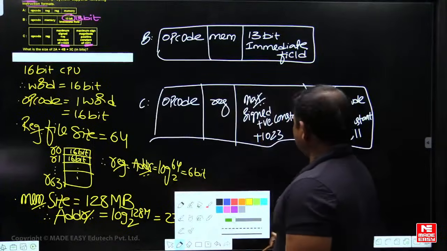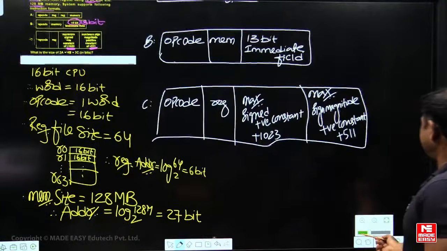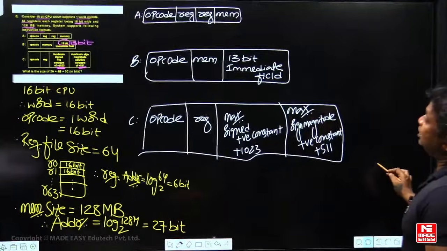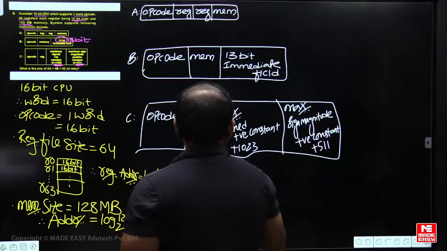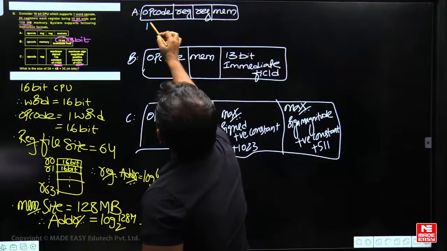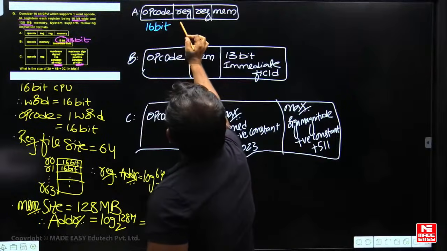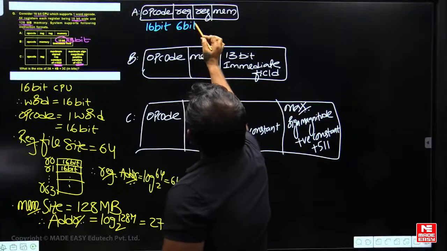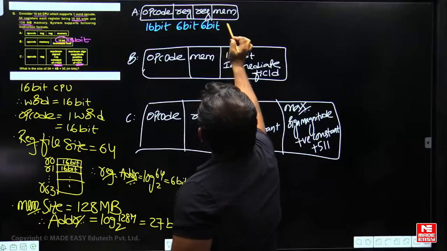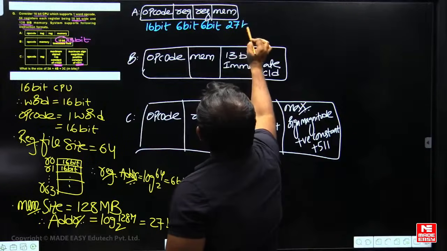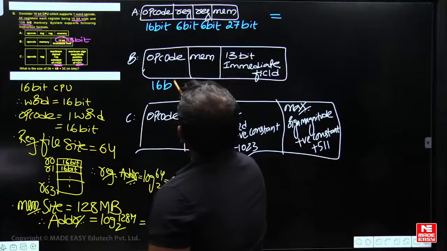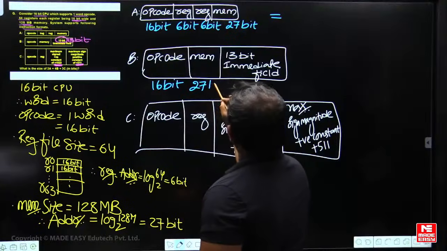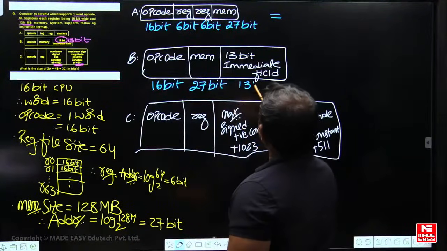Then substitute that information here. Report the value. So opcode size is 16, register address is 6 bits, then memory is 27. That is the A value. Next, B: opcode is 16 bits, memory is 27 bits, then the 13-bit space is already given.